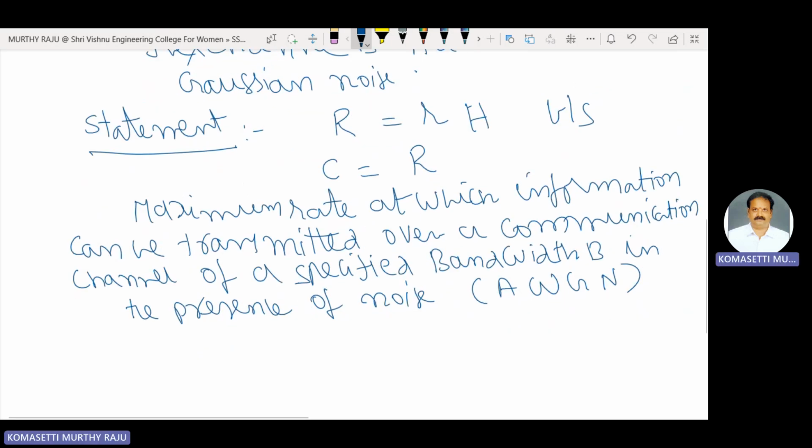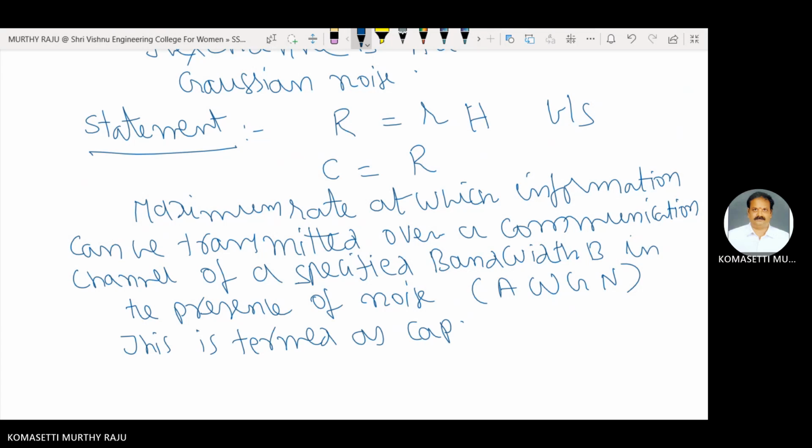This is termed as the capacity of the additive white Gaussian noise channel.